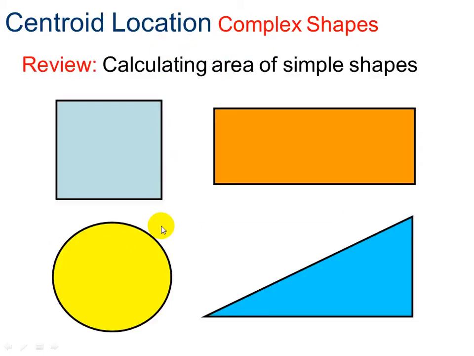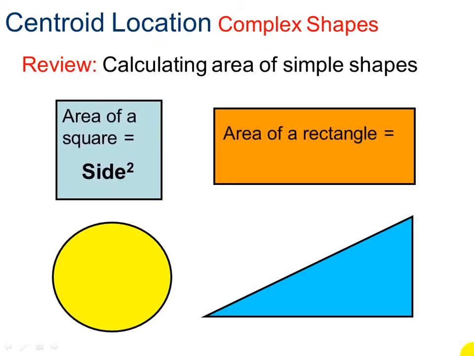Okay, so before we go on and find this complex shape centroid, let's remember how we find the area of these simple shapes. We're going to need to know area. The area of a square is just the length of the side squared. The area of a rectangle is going to be the base times the height, or the width times the height.